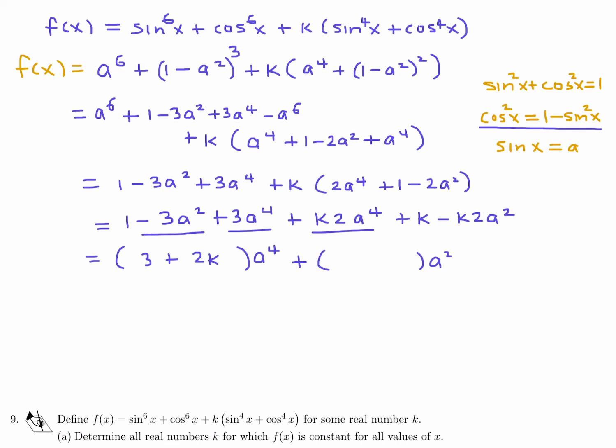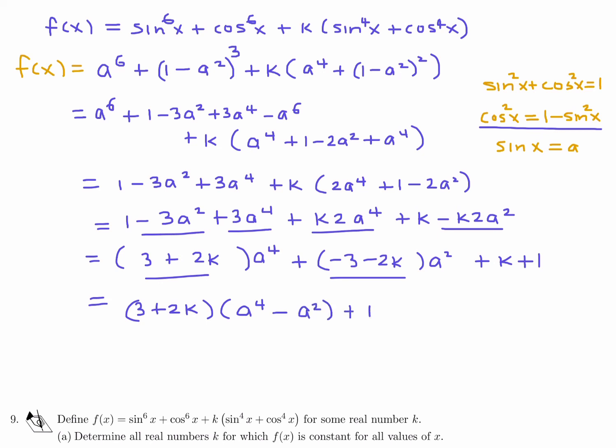So minus 3 and minus 2k. And then we are just left with k plus 1. Okay? And I think these two can factor yet again, because those look very similar. So 3 plus 2k, if I put that out front, I'll get a to the power of 4 minus a squared. And then we just have this k plus 1. And this is equal to f of x.